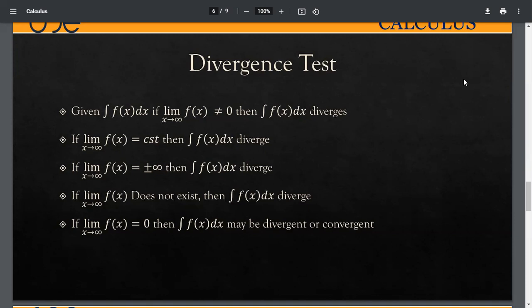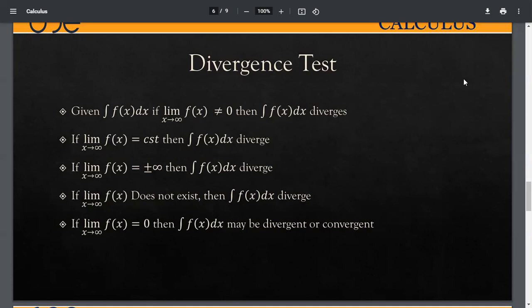However, sometimes if the limit evaluates to be a constant, for example, or plus infinity or minus infinity, this means that the infinite block, the infinite rectangle I'm adding to the sum to evaluate the integral is infinity. So I added infinite areas of rectangles, and hence my integral should be divergent, right?